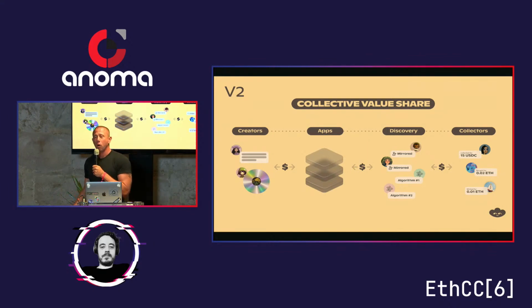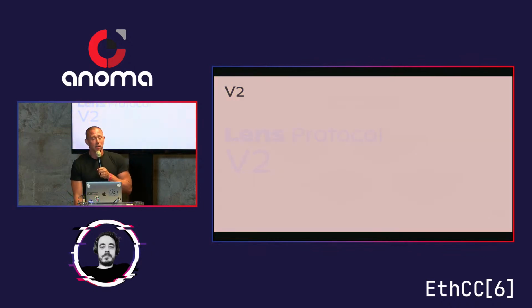We have Orb, whose founder is here in the back, which is one of the highest quality mobile apps in the Lens ecosystem, getting a lot of traction. We have Lenster, we have Butterfly, there's quite a few out there. We want to make it easier for people to monetize all over the place. This is enabling more across the board, but I would say the most interesting thing for me is that it's more for application developers.